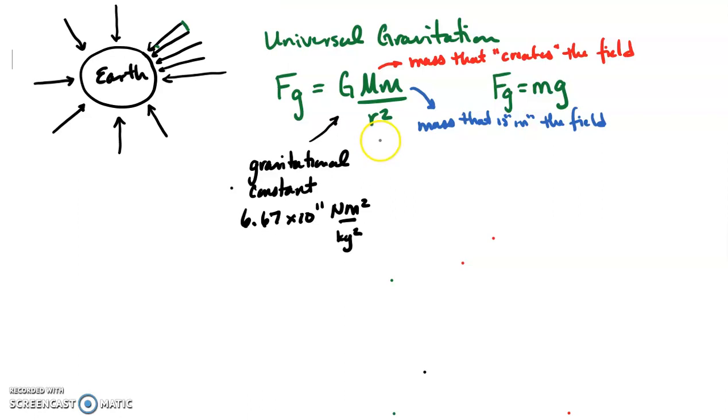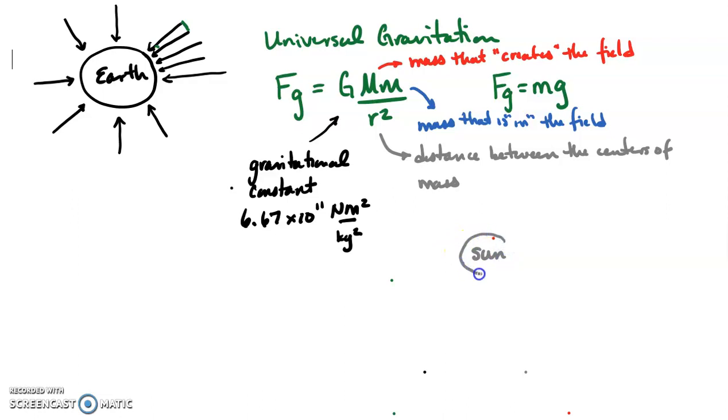All right, and then this R here, this is the distance between the centers of mass. Okay, so you'll have two objects. For example, let's say we have the sun.